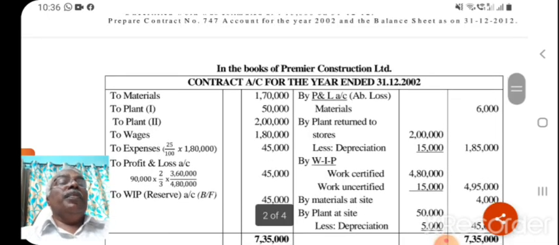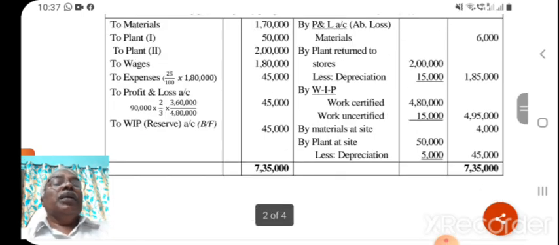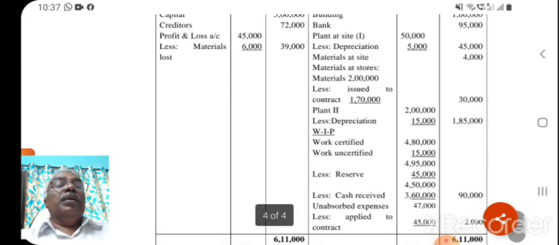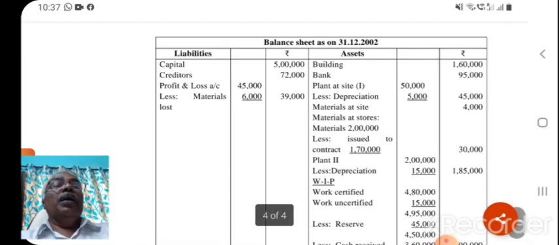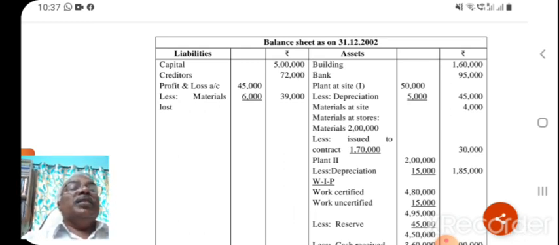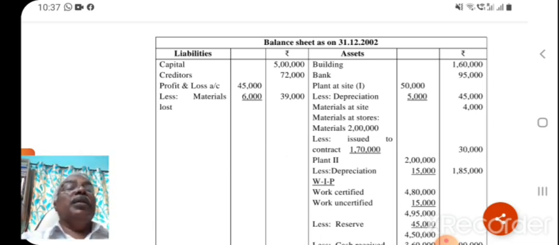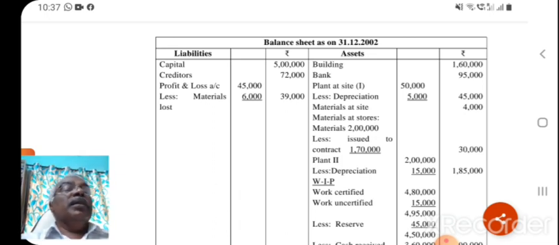Let us look at the balance sheet. Building, there is no change, 1,60,000. Bank, 95,000. So it is already calculated. Plant at site, 50,000 less depreciation 5,000, 45,000. Materials at site, it is 4,000.